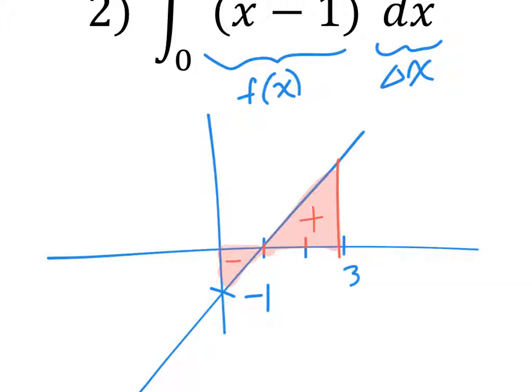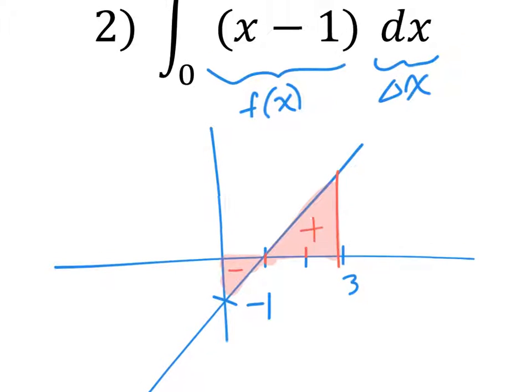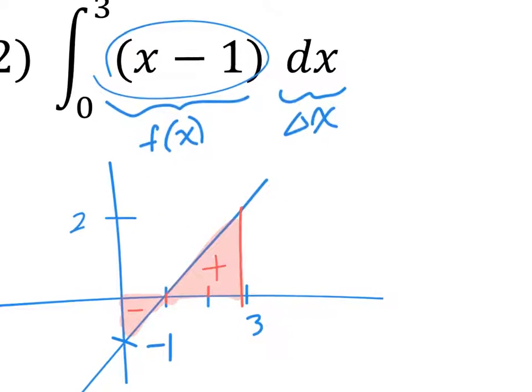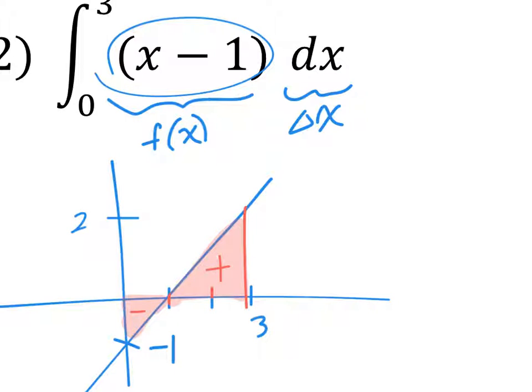How do you know the height of this triangle? Plug it into f of x. If you plug 3 into f of x, you get 2. So this is 2 high. How wide is the base? 2. So this is 2 times 2 divided by 2, so just 2.